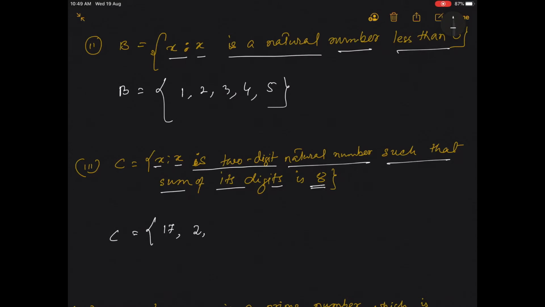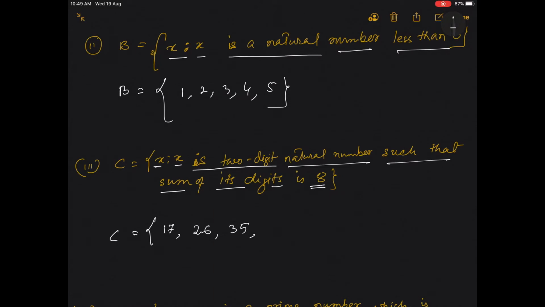Then we can take 2, 6. Sorry, don't write 2 comma 6, write 26, as the sum of 2 and 6 is 8. Then here it will be 35.